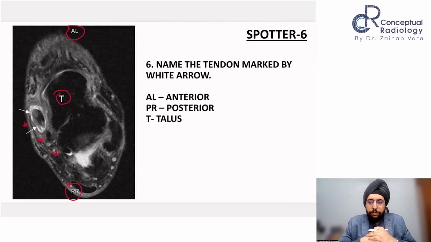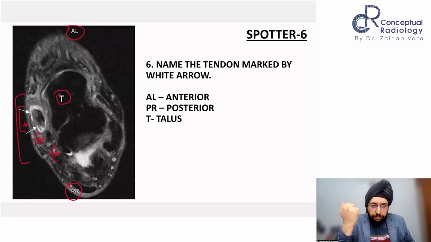No. So do we see three tendons on the lateral compartment? Even if I've not told you medial or lateral sides, you see that there are three tendons lying on this side. We know that there are three tendons in the medial compartment and two tendons in the lateral compartment. So this is definitely your tibialis posterior tendon.